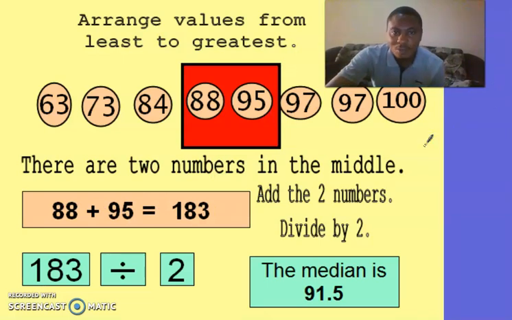Sometimes we have a set of numbers where we have two numbers in the middle. So what do we do? We find the average of the two numbers, and the average of the two numbers, or the mean of the two numbers, becomes the median. 88 plus 95 equals 183. You divide it by 2, you get the median, 91.5.